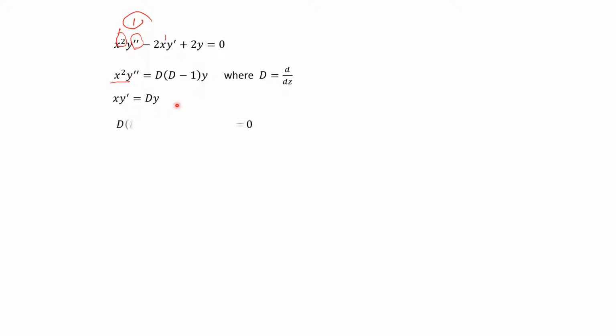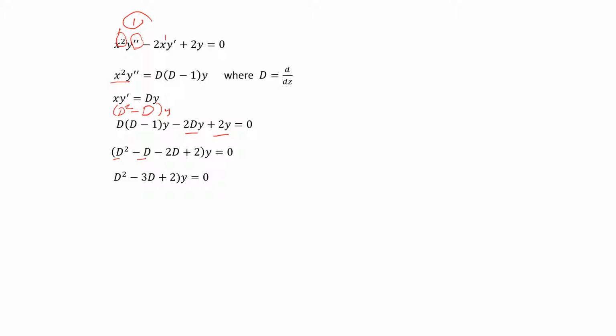So we are going to plug those in. You have D(D minus 1)y minus 2Dy plus 2y equals 0. Simplifying, that is D squared minus D, and then combining the minus 2D and the minus D gives negative 3D, and then plus 2y.